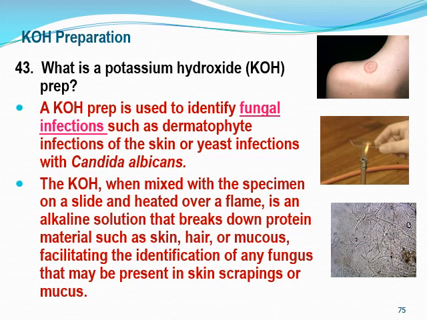Okay, the KOH is a strong alkaline solution that breaks down protein material and clears the tissues. This allows any fungus that might be present in the skin scrapings or vaginal specimens or mucus to be seen under a microscope. It's just like breaking down. What you're doing is prepping these things.